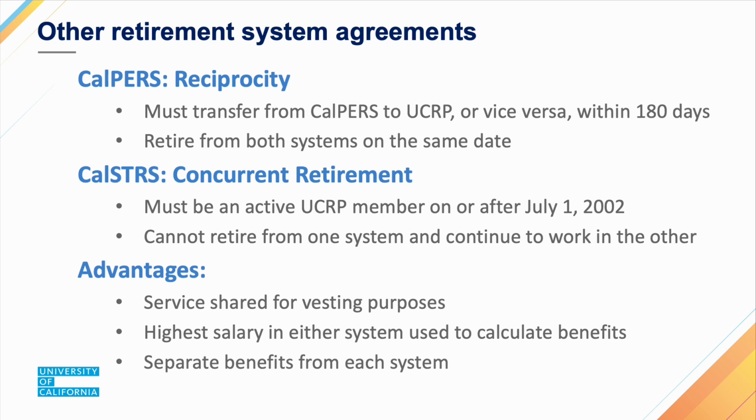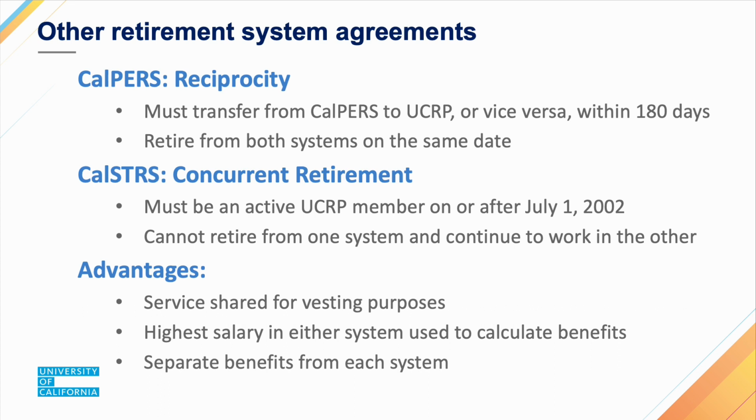Now, other public pension systems in California, things like the county retirement systems and a few others, might have some similar agreement, even if UCRP doesn't have an agreement with their system. So if you've worked under another public pension system, I'd suggest reaching out to them to see if there are any provisions you can take advantage of when it comes to shared vesting or salary provisions.